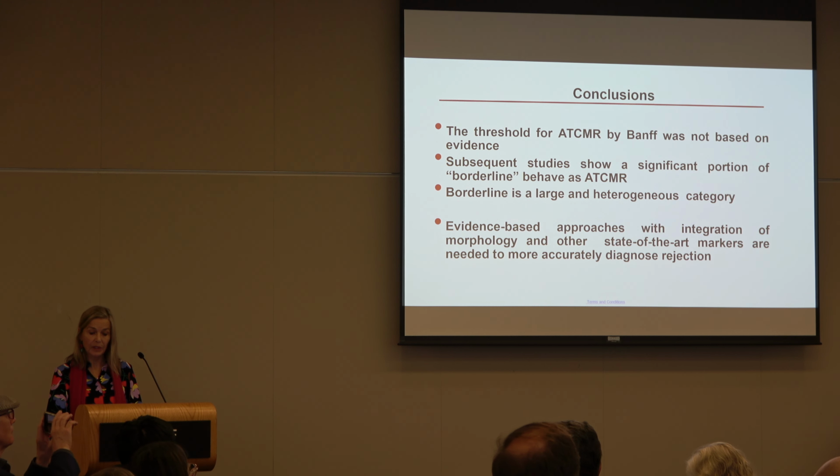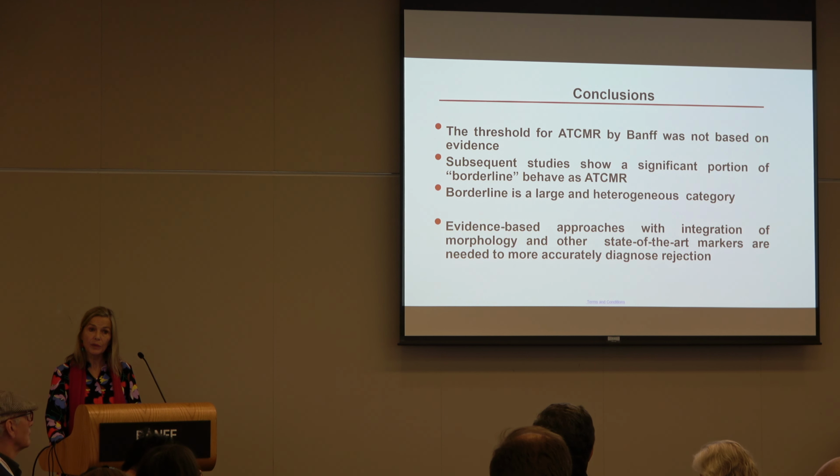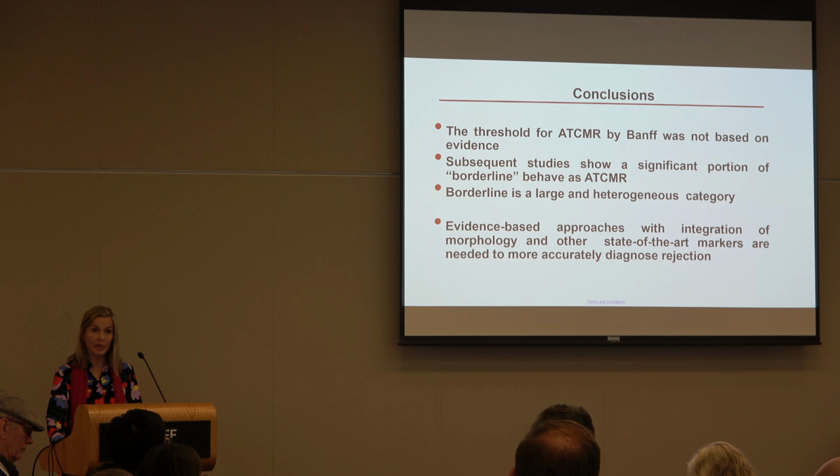So I would conclude that the threshold for acute T-cell mediated rejection by Banff was not so far based on evidence. Subsequent studies show a significant portion of borderline behave as acute T-cell, but it's a large and heterogeneous category. Some of them do not, and some of them get a flavor of antibody-mediated rejection.